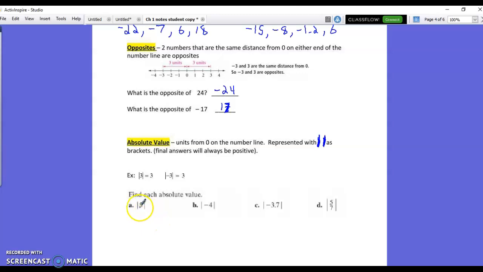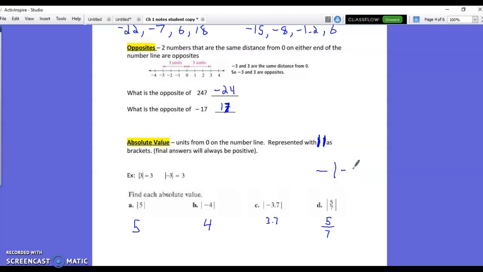So what is the absolute value of 5? It would just be 5. The absolute value of -4 would be +4. The absolute value of -3.7 would be +3.7. The absolute value of 5/7 would be 5/7. The only time it gets a little bit tricky is if there's a negative outside the absolute value symbol.